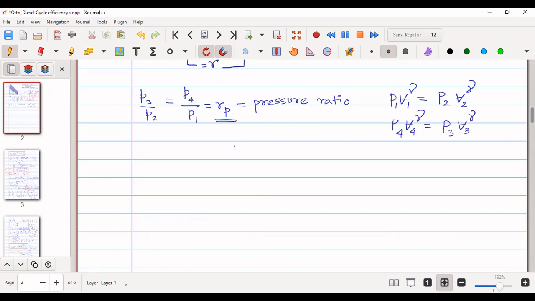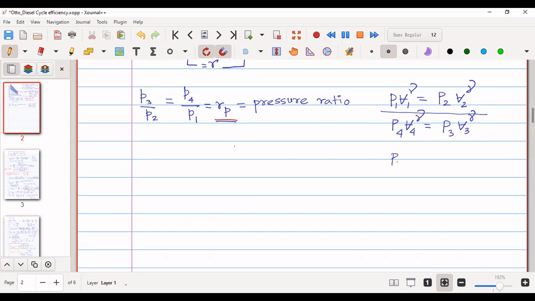I have written it in this way because V1 is equal to V4 and V2 is equal to V3. So if I divide the first equation by the second equation, the volume terms will cancel and only the pressure terms will remain. That means the left hand side I divide by the left hand side of the second equation, and the right hand side of the first equation I divide by the right hand side of the second equation.